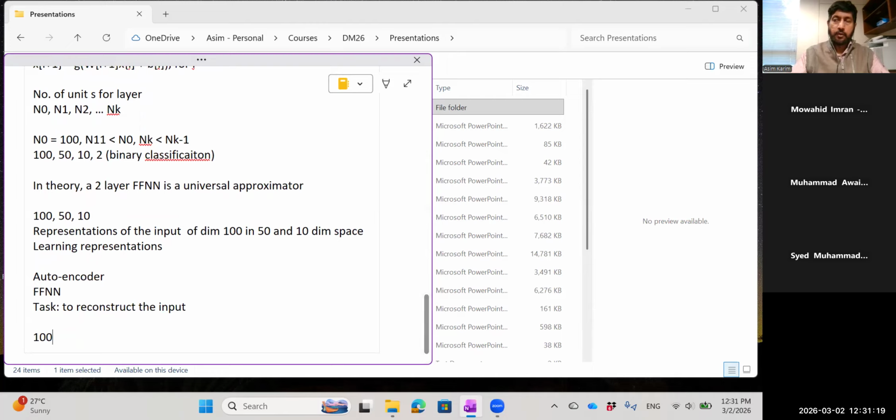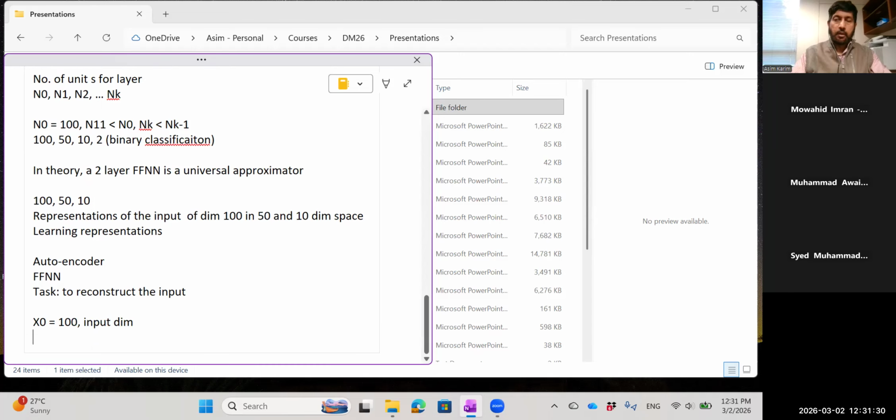So x0 is 100, let's say. So our task is to input x through the neural network, and at the end of the neural network we also want to regenerate this 100 dimension input.